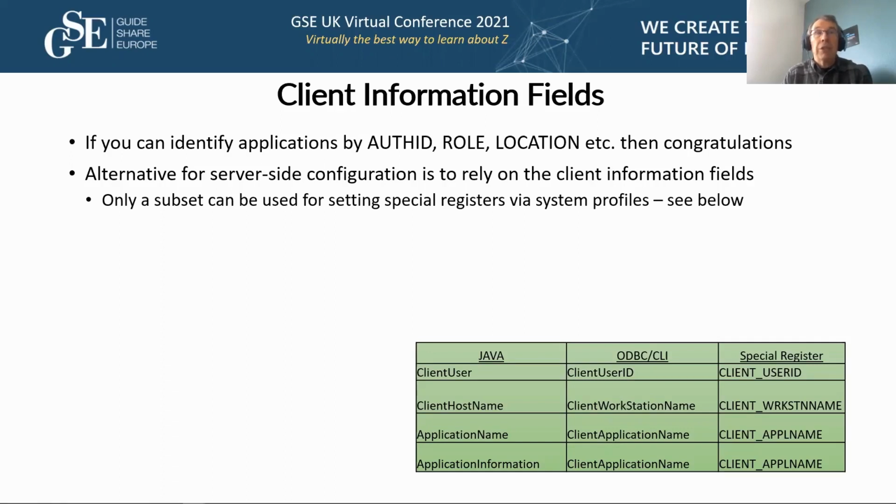Now, there are actually 6 client information fields, but only a subset of those can be used for setting special registers via system profiles. And those are client user ID, client workstation name, and client application name. Unfortunately, you can't use things like client account info and so on to do that.